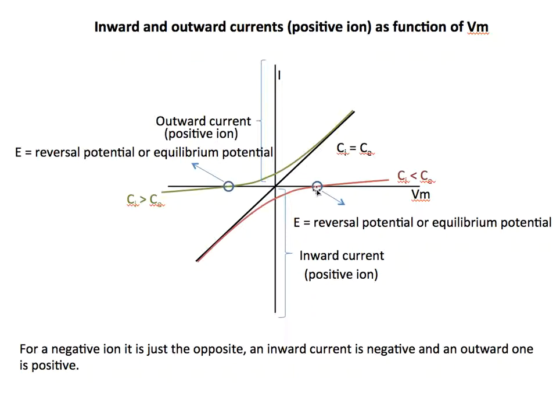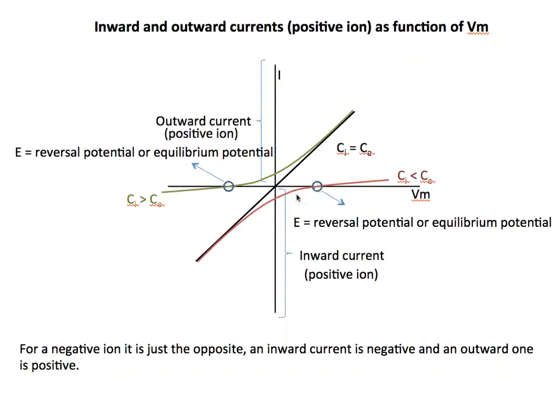If I'm a cell with a lipid bilayer, and there are 100 cations outside and 20 cations inside, I'm obviously going to need a positive reversal potential or equilibrium potential to have a flux of 0. And that's how you're going to get I of 0. So that's what this graph is showing you.